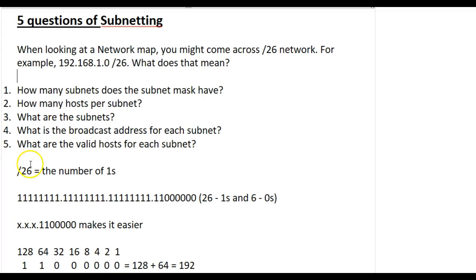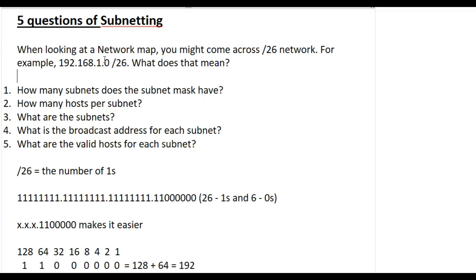It actually represents the number of ones in the subnet mask. And a subnet mask can break a network into multiple networks. So for example, if you did have a network of 192.168.1, you could have 255 hosts.